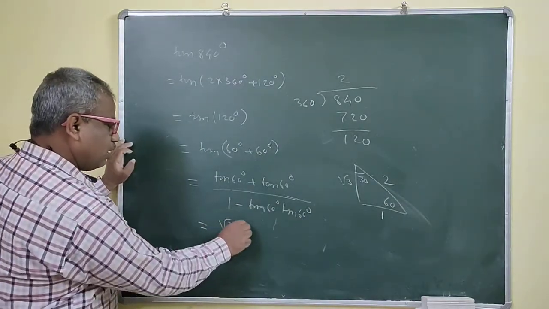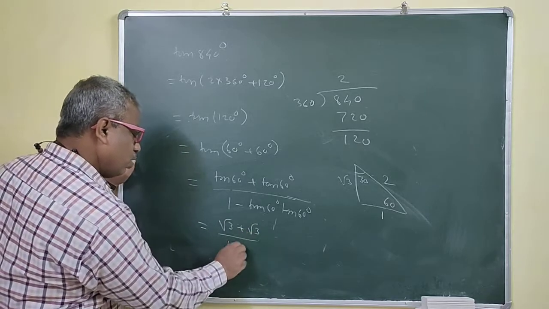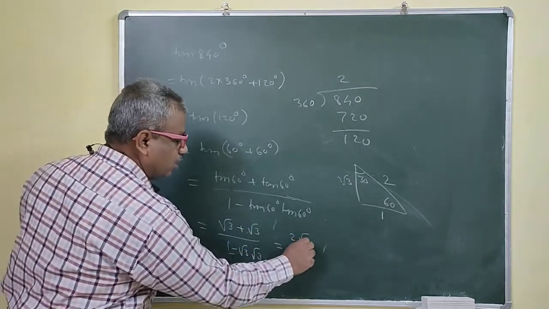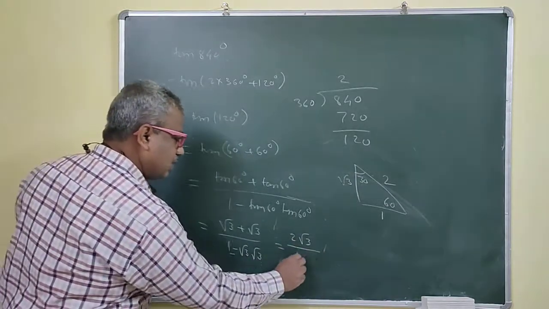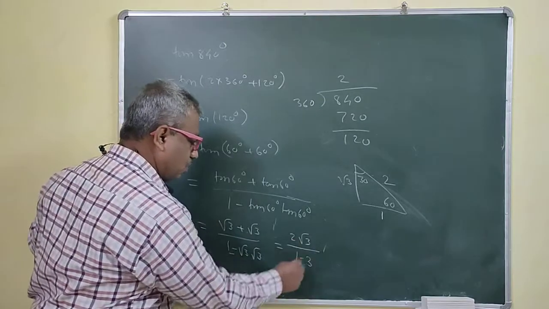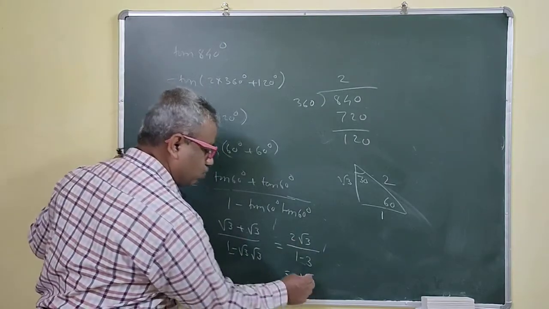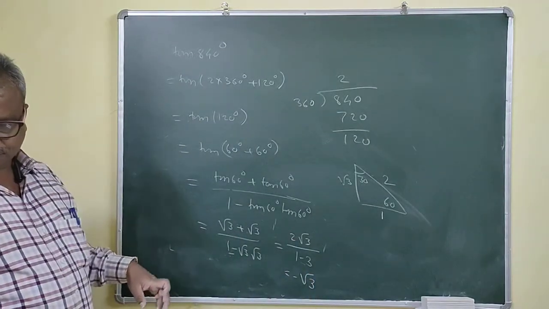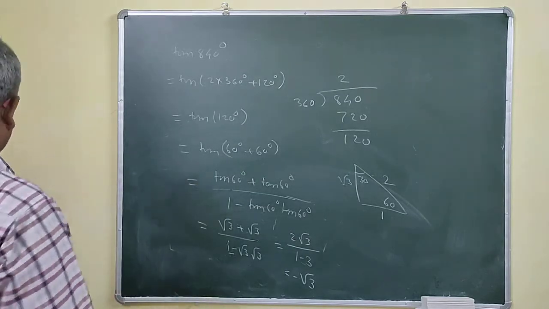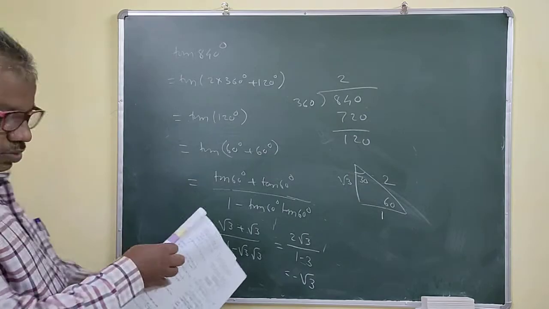Root 3 plus root 3 upon 1 minus root 3 into root 3 is 2 root 3 upon 1 minus 3, which is 2 root 3 upon minus 2. The 2 gets cancelled, so the answer is minus root 3.